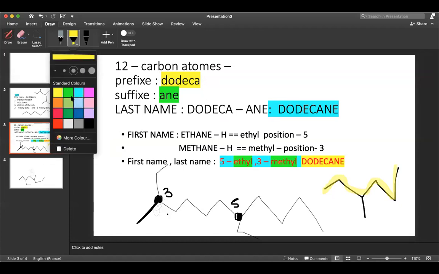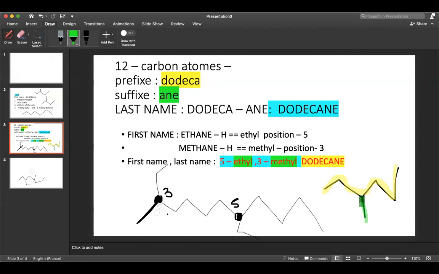Then this part here becomes the substituent. So now my question is, Mr. Blessing, you're asking which one are we starting from? Which route are we using? The answer is, it is the shortest possible route for us to reach this position.